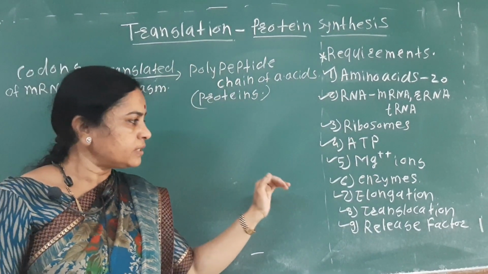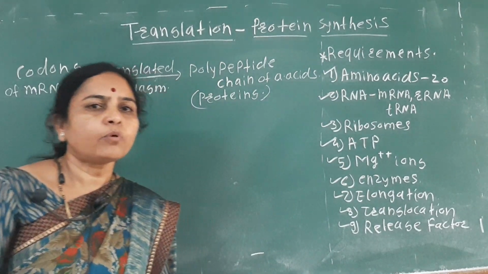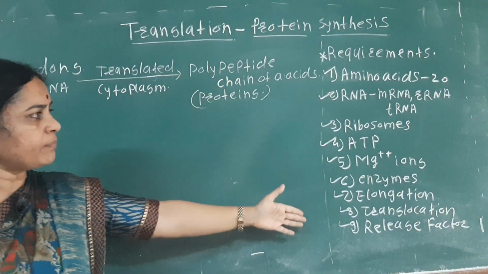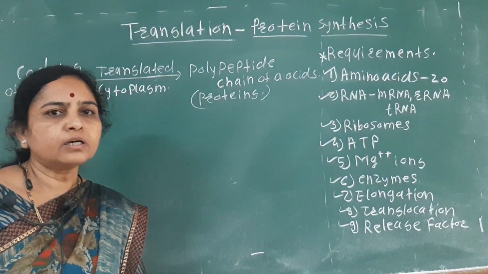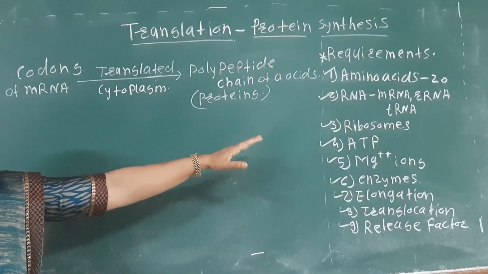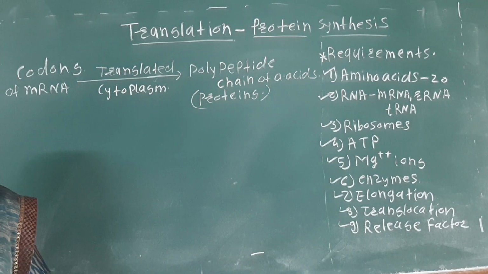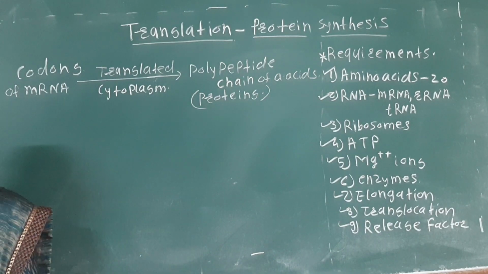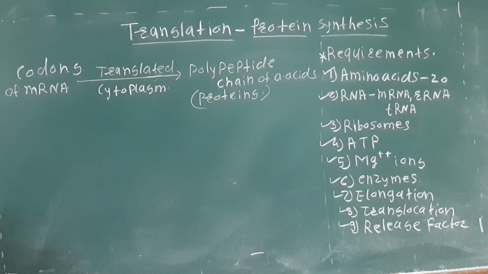So for the translation process, these are some of the requirements, out of which the ribosomes are the most important. First we see the structure of the ribosomes.